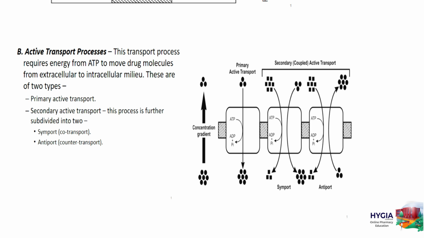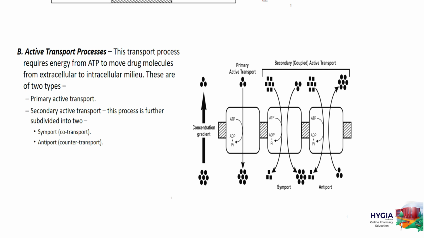In case of secondary transport mechanism, the drug will transport with the utilization of energy, but not directly on itself, but indirectly, right? As you can see in the diagram, in primary transport mechanism, the drug will utilize the ATP directly, but in secondary transport mechanism, the drug will not utilize the energy directly.